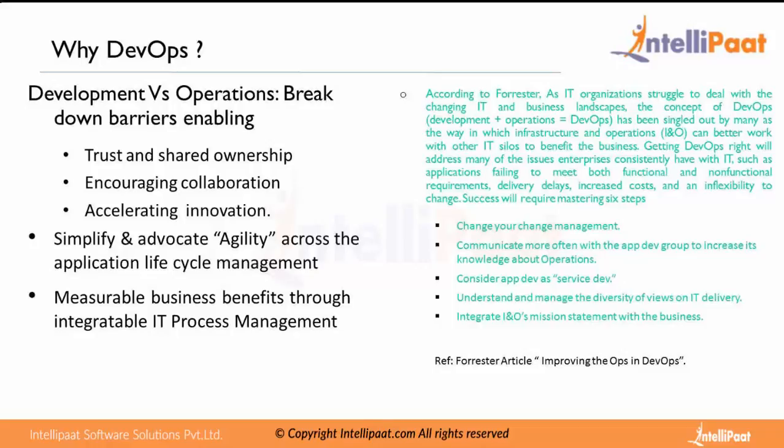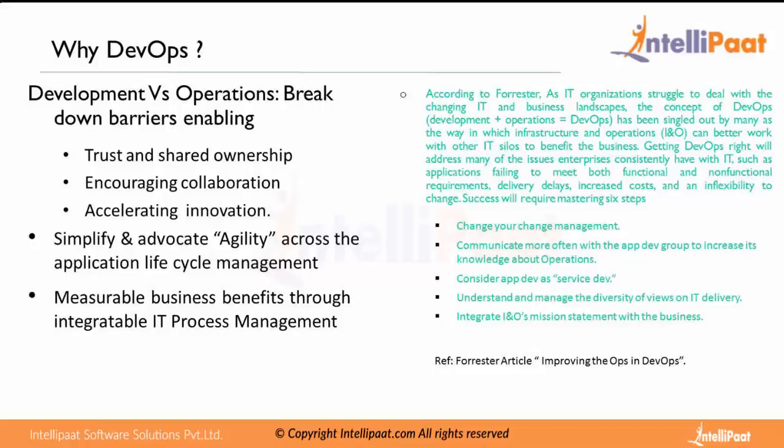Accelerating innovation is one of the important benefits of it. The team gets more time to dedicate to delivery, or rather time to deliver better quality products. It actually advocates the agile development methodology along the application lifecycle management.